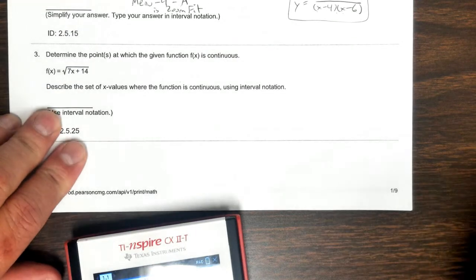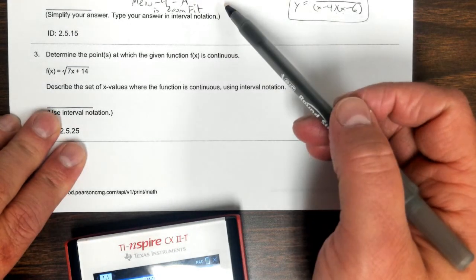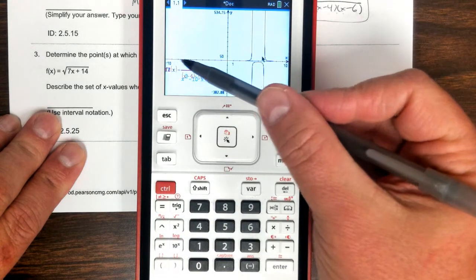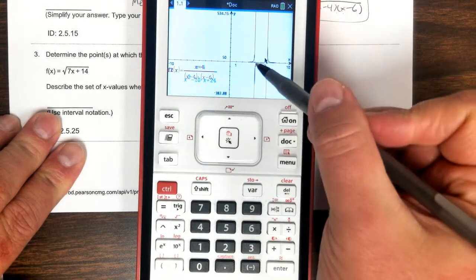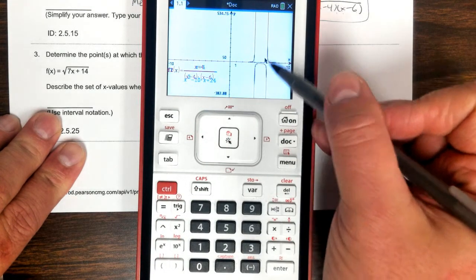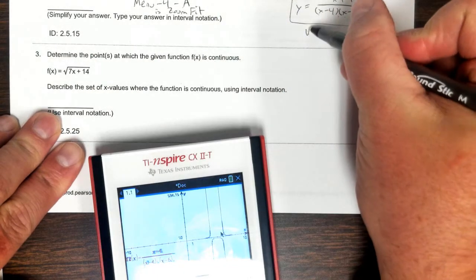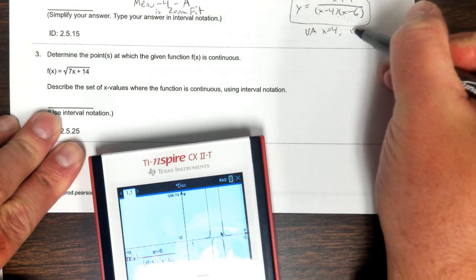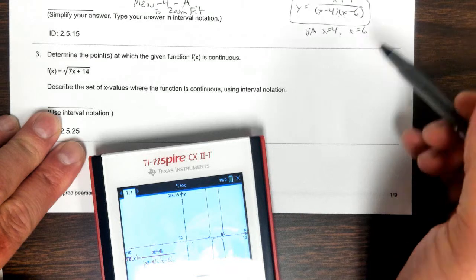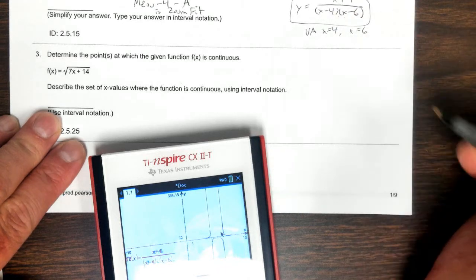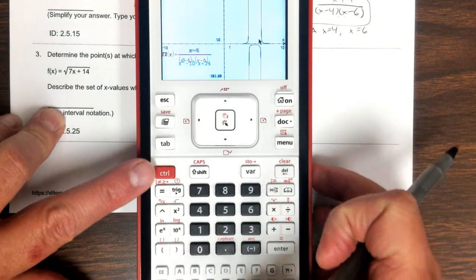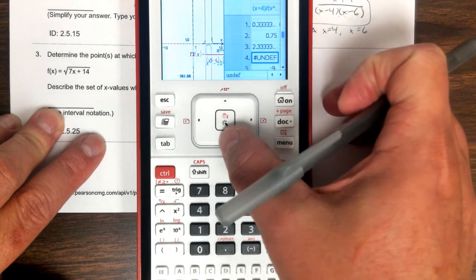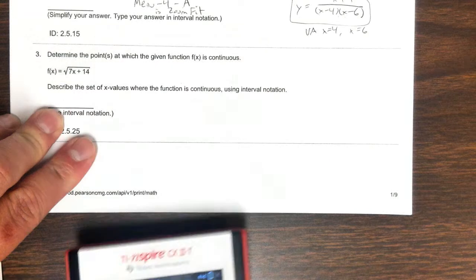And so the question is, describe the set of x values where it's continuous using interval notation. So it's continuous all the way to right there. So it looks like you have a vertical asymptote at 4 and at 6. Vertical asymptote x equals 4 and x equals 6. Again, the reason to factor it is you know that that's going to be right really easily. You could also do Control T to look at your table, and at 4 it's undefined, and at 6 it's undefined.